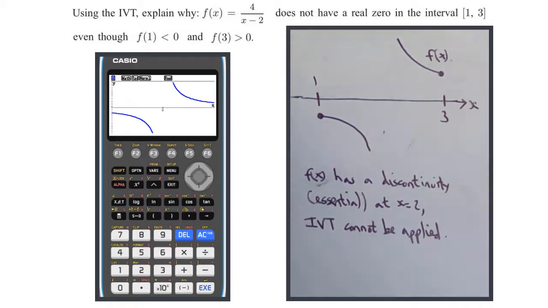Okay, and then we can see, looking at the graph, there is clearly no 0. Looking at the graph, there's no 0 on this interval.